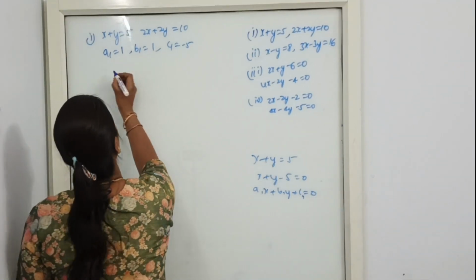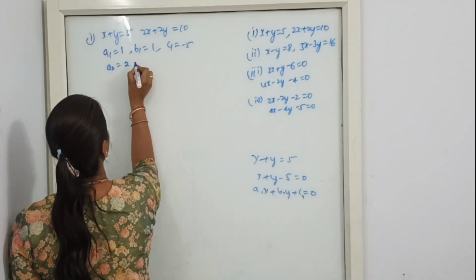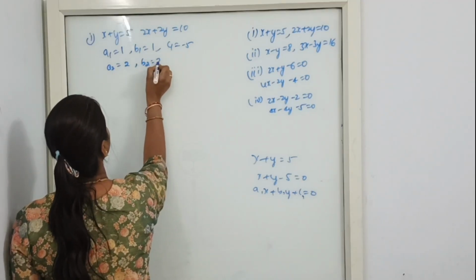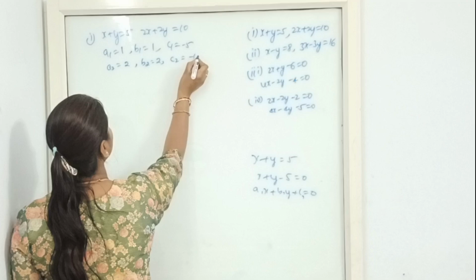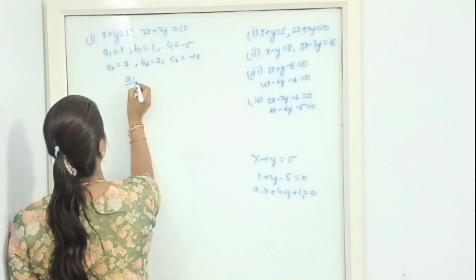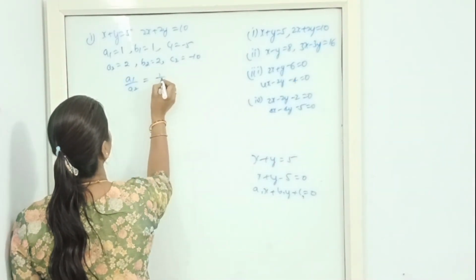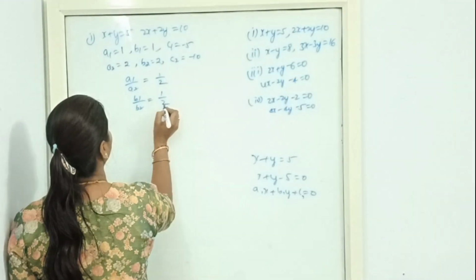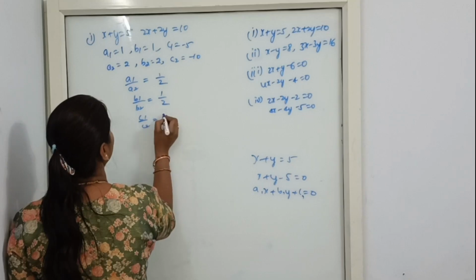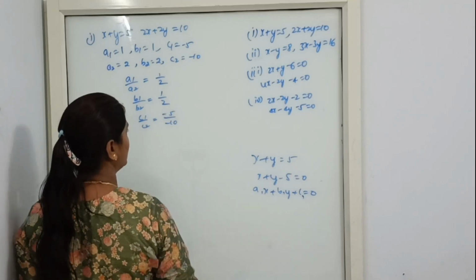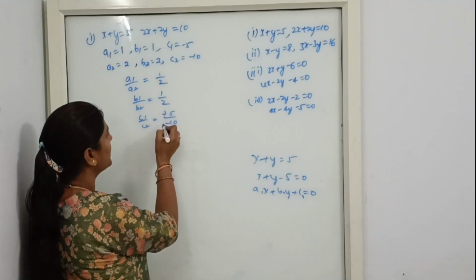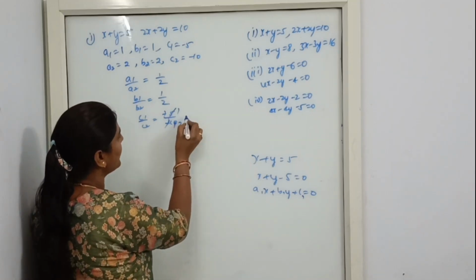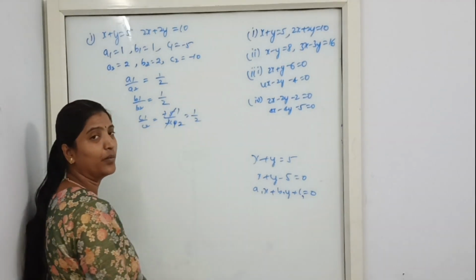Then A2 is 2, B2 is 2, C2 is minus 10. Compare the ratio: A1 by A2 is 1 by 2, B1 by B2 is 1 by 2, C1 by C2 is minus 5 by minus 10. So negative negative cancel, 5 ones are 5, 5 twos are 10. So it is 1 by 2.